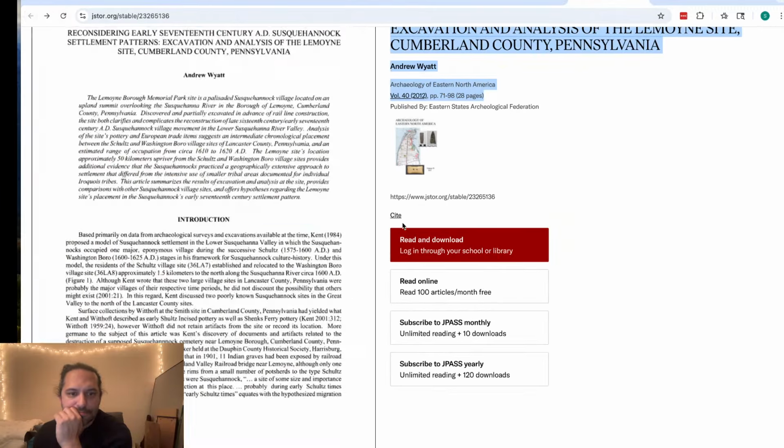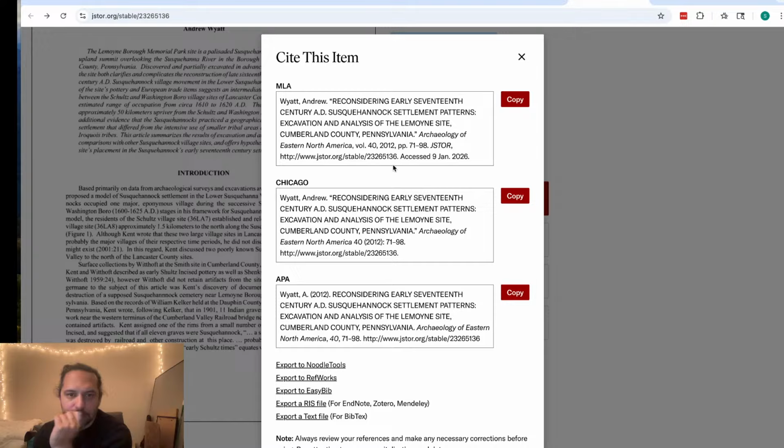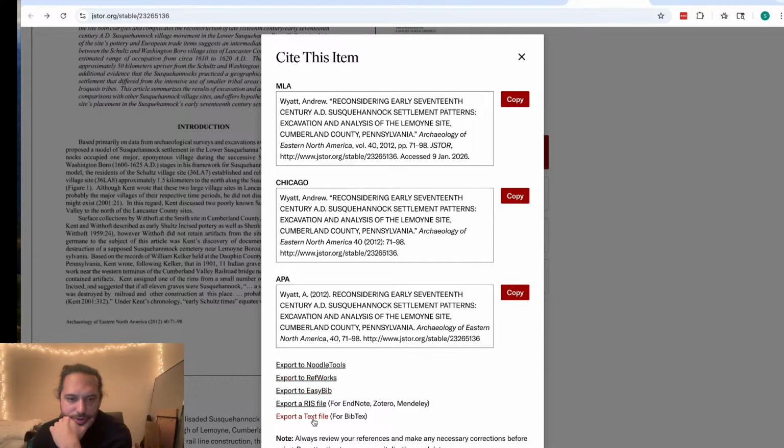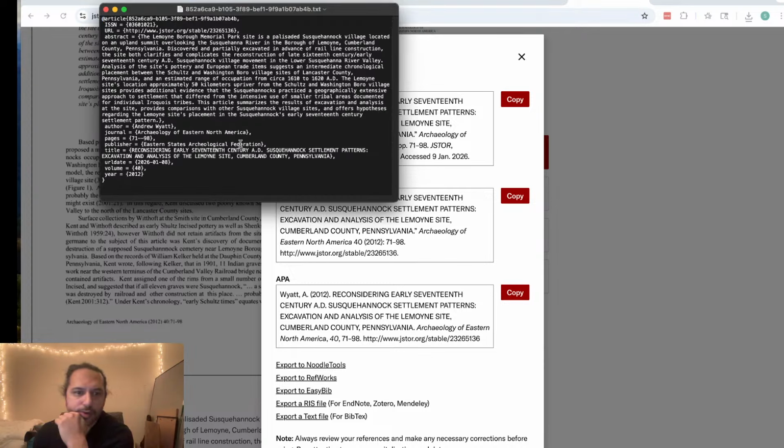Oh, wait, there's a citation. Let's see what the citation says. What I need is a DOI, a DOI number. That would be really helpful if I can find that. Does it give the DOI number? Abstract. Journal, publisher, title. Nope.